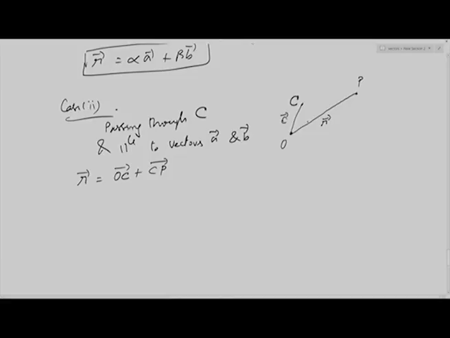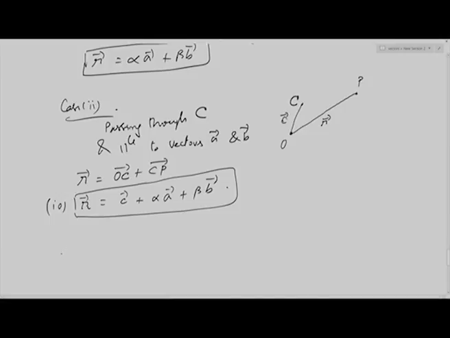By the vector addition it is OC plus CP, and OC is the vector C and CP is, by the previous case, simply alpha times A plus beta times B. Okay. So, this will be the equation of that plane. Therefore, the equation of the plane passing through the point C and parallel to the vectors A and B is R equal to C plus alpha A plus beta B.